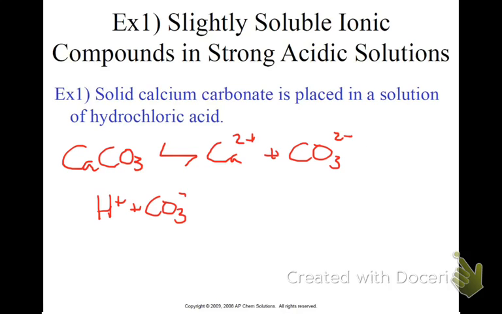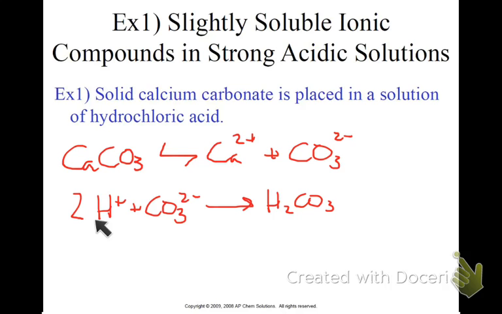So H+ and CO3 2- combine to form carbonic acid, a weak acid. Since carbonic acid is H2CO3, we'd have to add 2 H+. So we're going to double the concentration of hydrochloric acid to match up with the calcium carbonate.